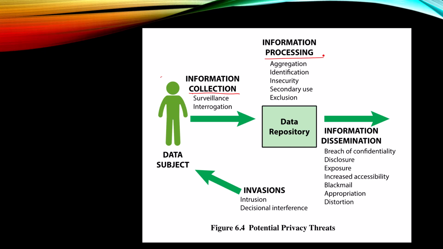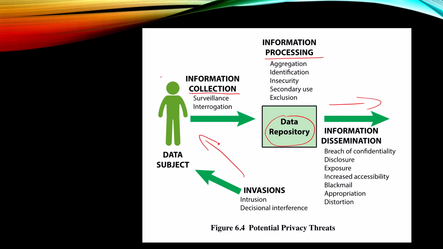Once we have this, we start building a data repository. Once we have our data repository, we have information that could be disseminated, or the data repository might have the ability to detect decisional interference or information intrusion, and so we can kick it back to the data subject. So the dissemination might take all information that is collected, reviewed through the repository, and then disseminate it. However, the dissemination based off of the scope is really subjective.